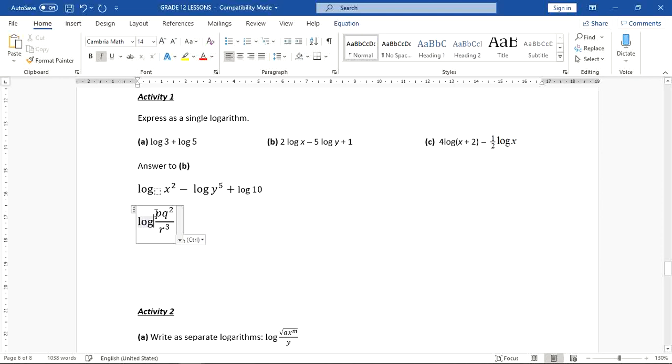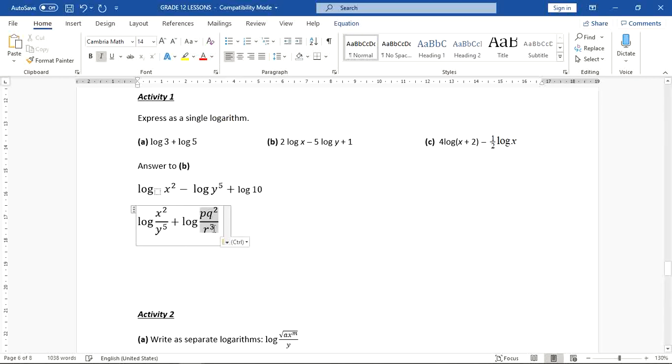So it's going to be log x squared divided by y exponent 5, and then I say plus log 10.